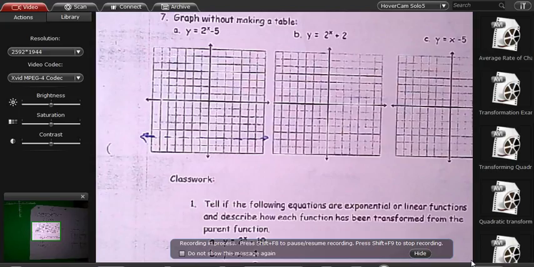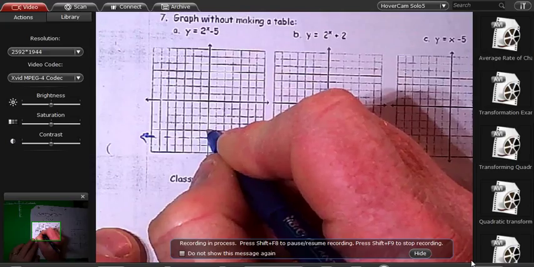Is our a value 1 in these functions? Yes. So we are going to have a point that is 1 unit above the asymptote on the y-axis. We're going to call it our shift point.